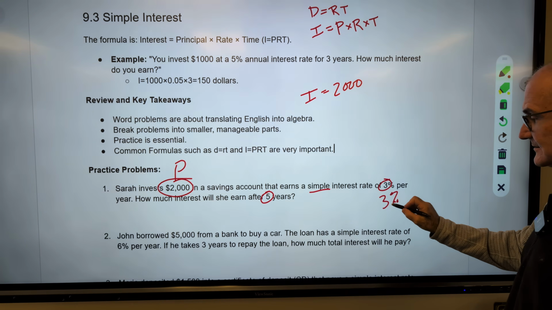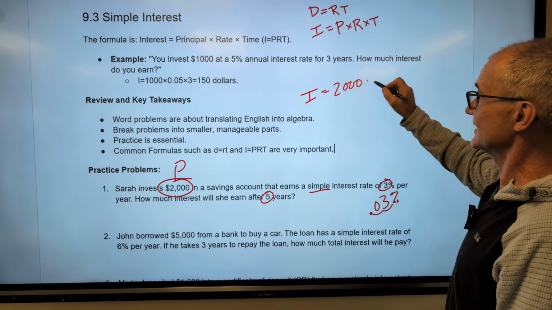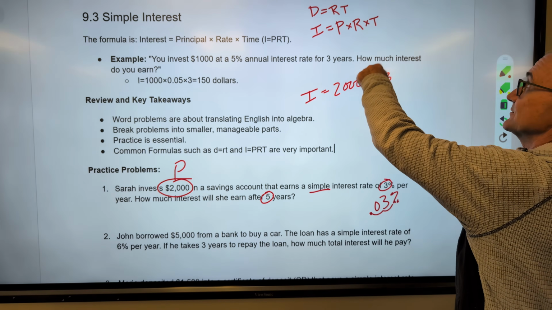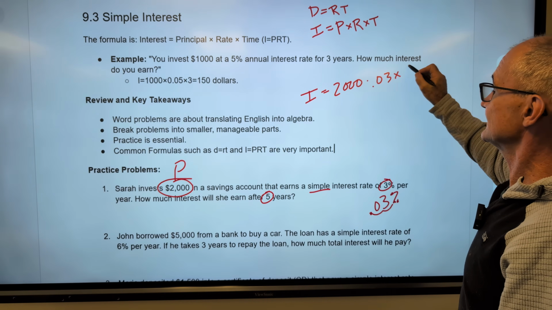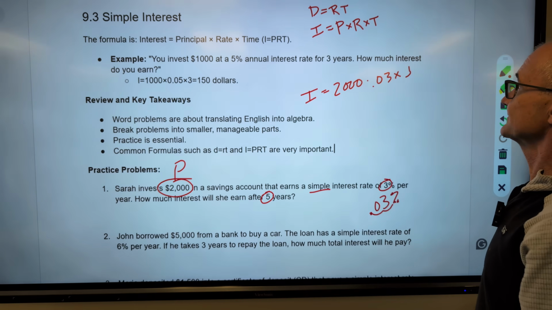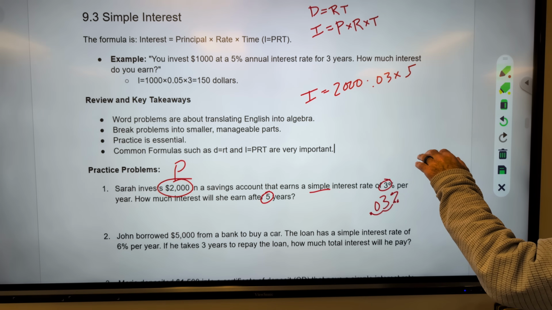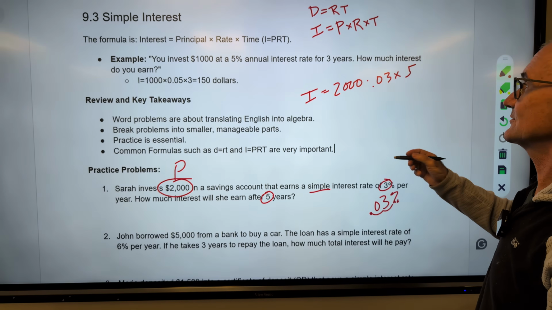I think of that little arrow shooting the decimal over 1, 2, 0.03. So times 0.03. Principal, rate, interest rate, times time, 5 years.